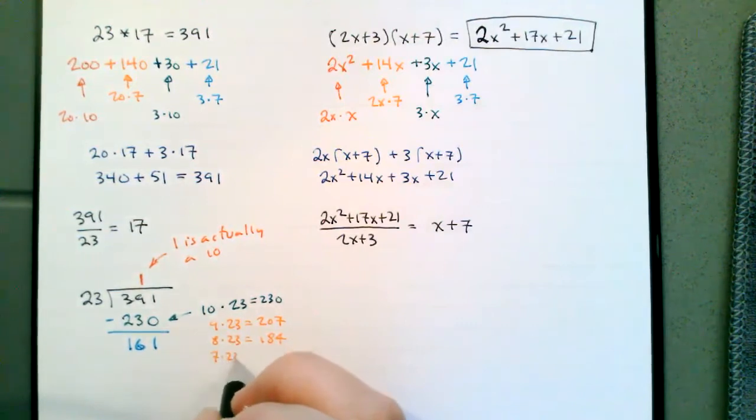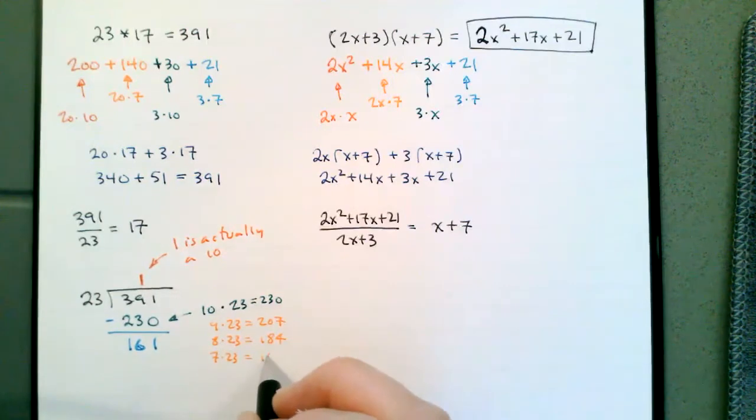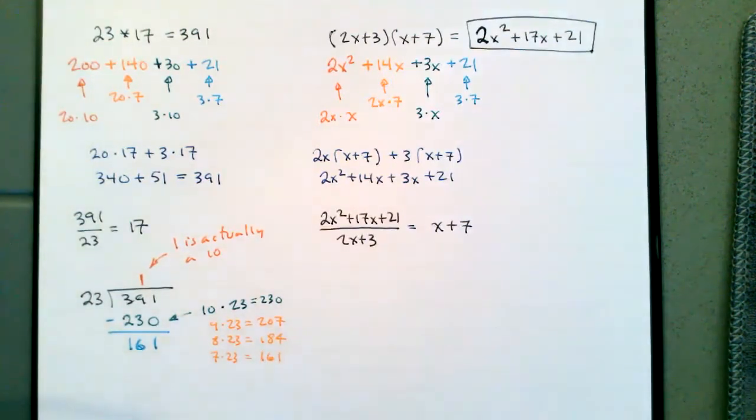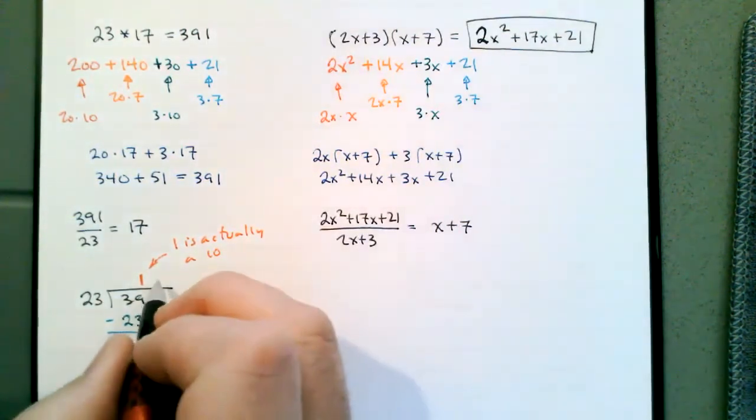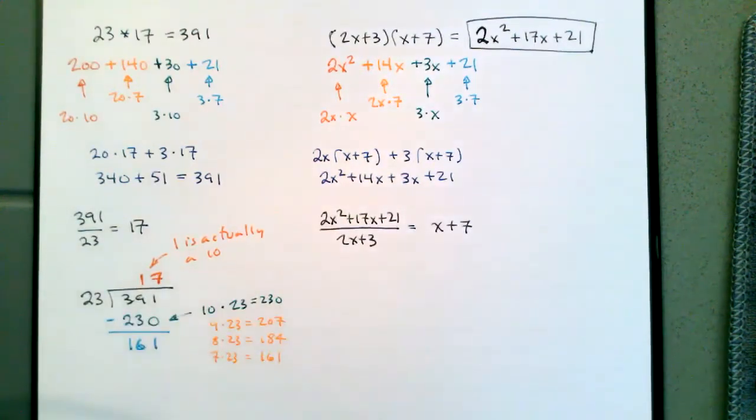7 times 23. So 180 minus 20 is 160, and then 4 minus 3 is 1. So we can apparently take 7 more tens. So now we could really see that that 1 was actually a 10.